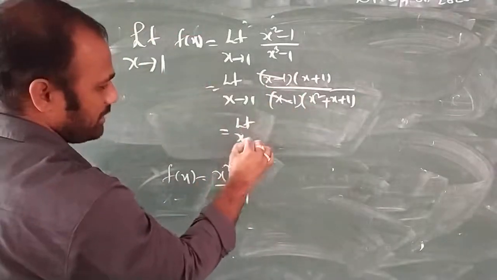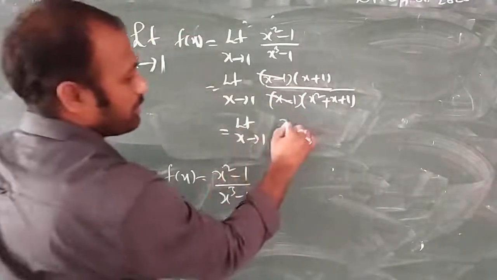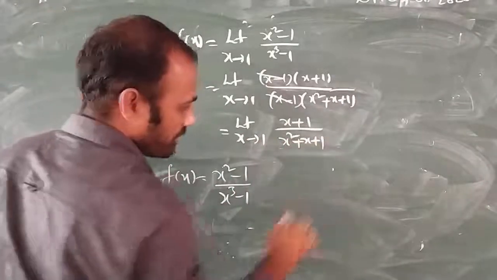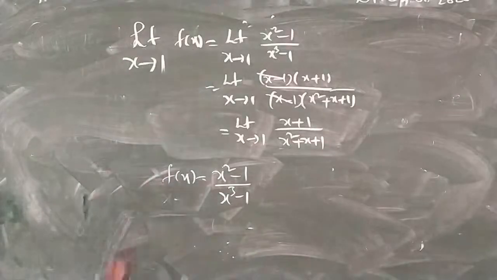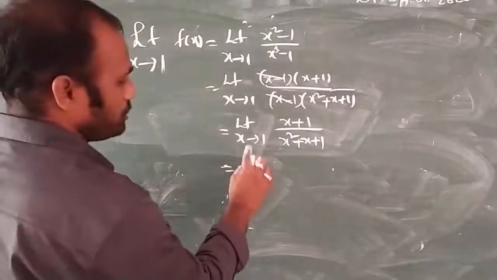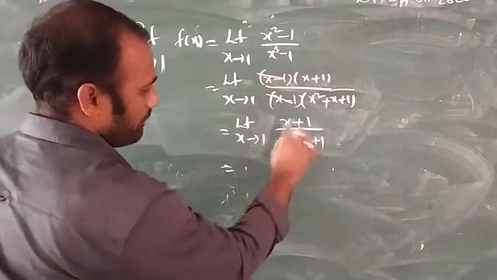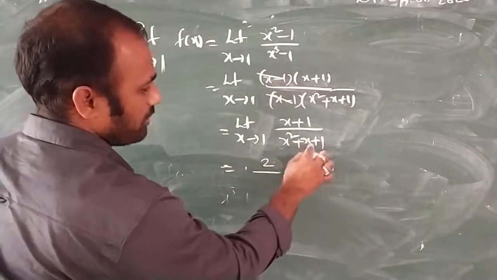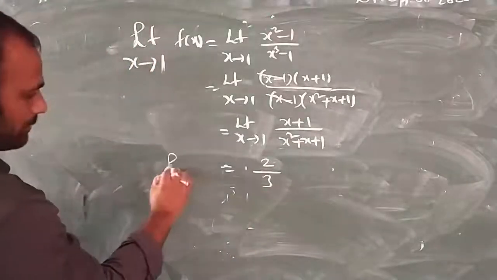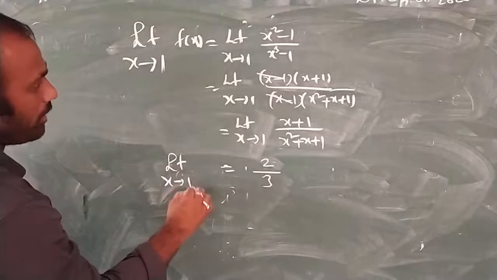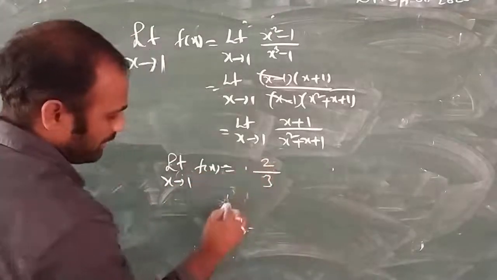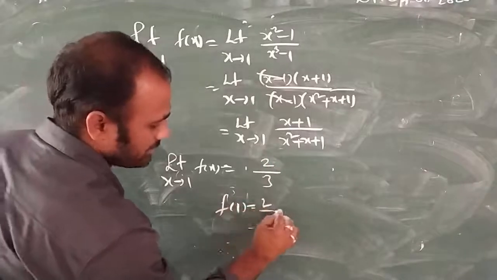We can write it as limit x tends to 1 of x plus 1 divided by x square plus x plus 1. If I substitute the value 1, 1 plus 1 which is 2, divided by 3. So limit x tends to 1 f of x is equal to 2 by 3.